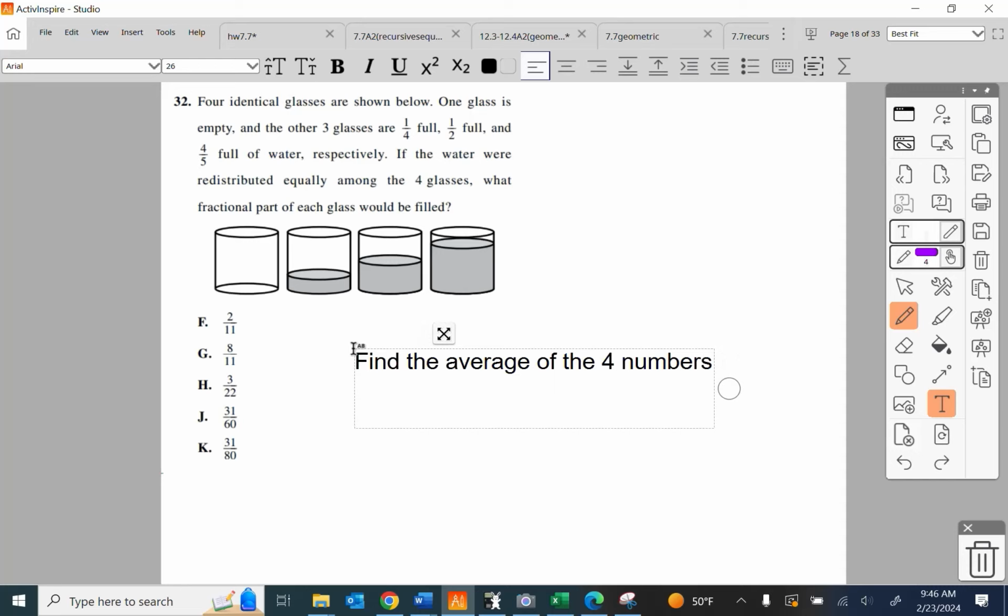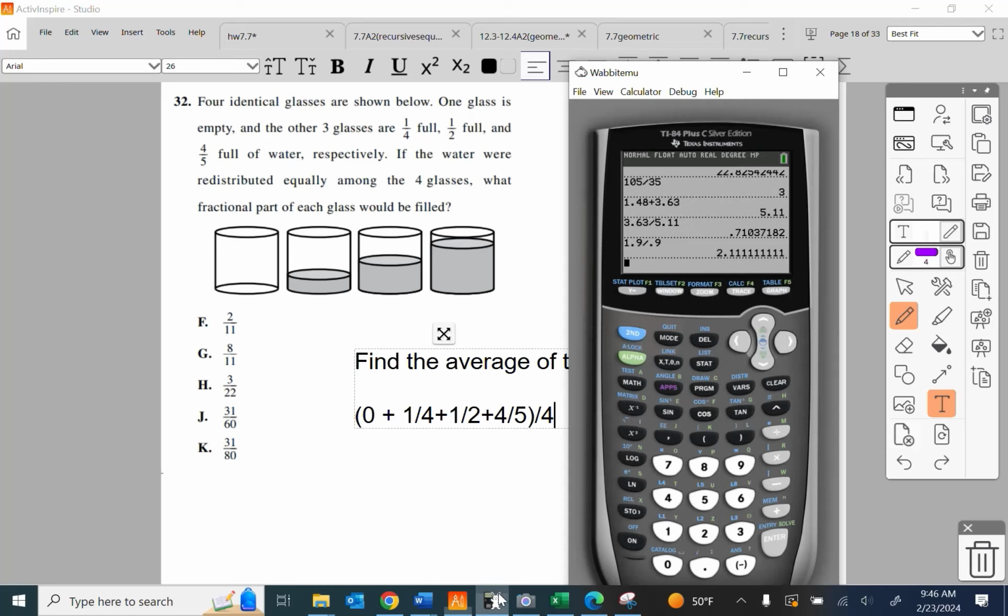So we're going to take one of them's empty, 0, plus a quarter, plus a half, plus 4/5. And we'll add all that together. Since there's 4 things, we're going to divide by 4. I don't even feel like working that out with you. I mean, you're not going to do that on the ACT.